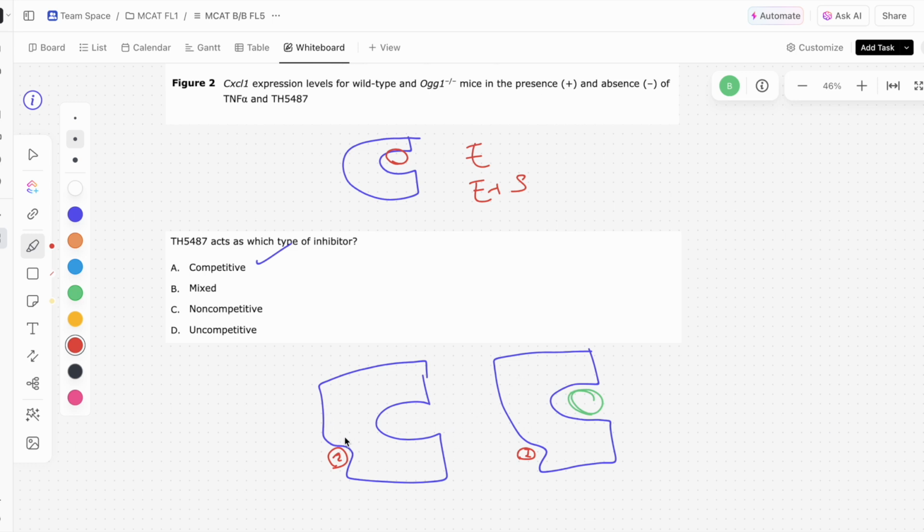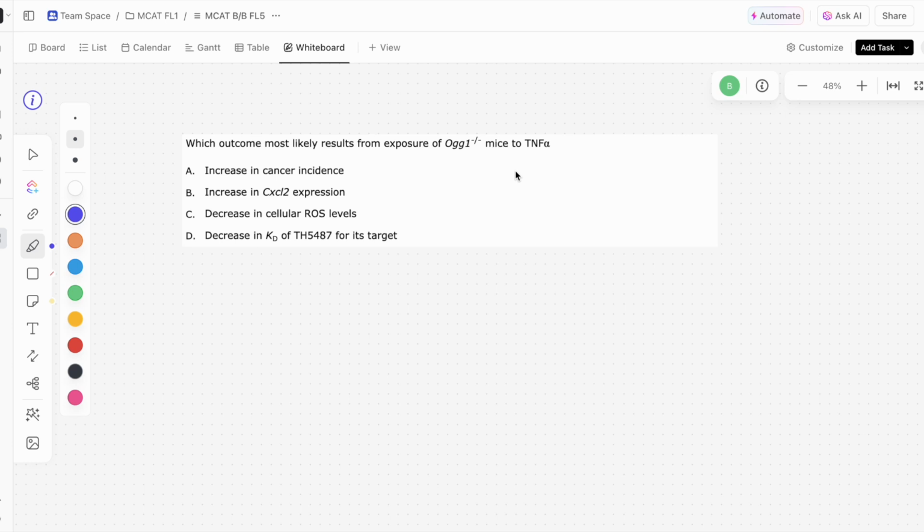Now, what if it can bind to both of these at equal affinities, right? This inhibitor doesn't really care if that substrate is there whatsoever. It can bind to both with equal affinity, then you will get a non-competitive inhibitor. So that's the difference right there, okay? Mixed inhibitors, that's just an umbrella term for any kind of inhibitor that can bind to both the enzyme and the enzyme plus its substrate. Whereas non-competitive is a little bit more specific.